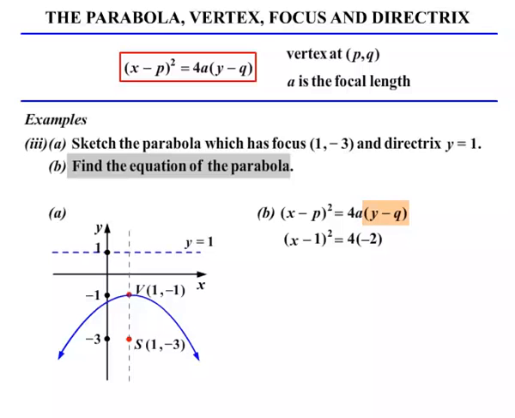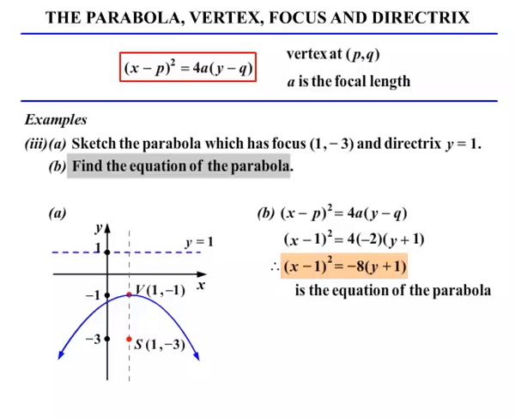And then finally y minus q, okay, so again doing the opposite, we'd have y plus 1. Okay, that just tidies up x minus 1 squared, 4 times minus 2 is minus 8, and then we just rewrite y plus 1 in the brackets. And that's it, okay, so that is the equation of the parabola. And we'll mark it in on the diagram.